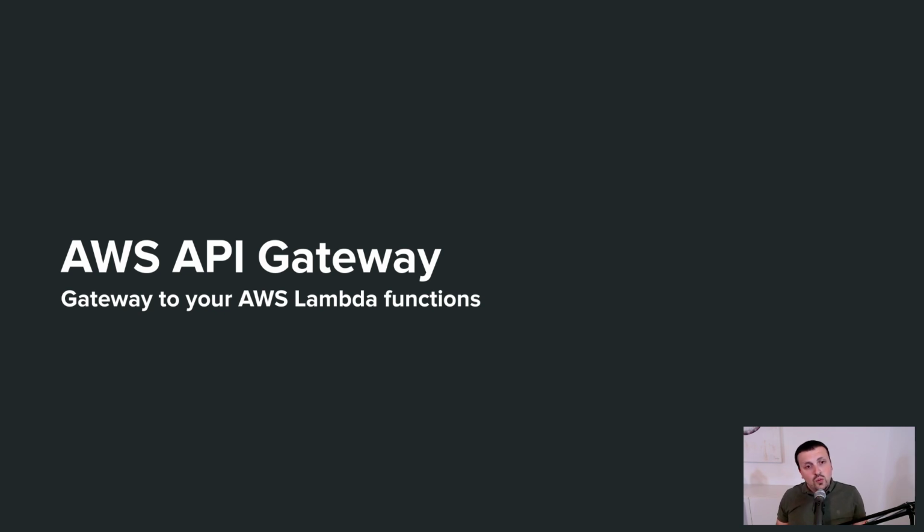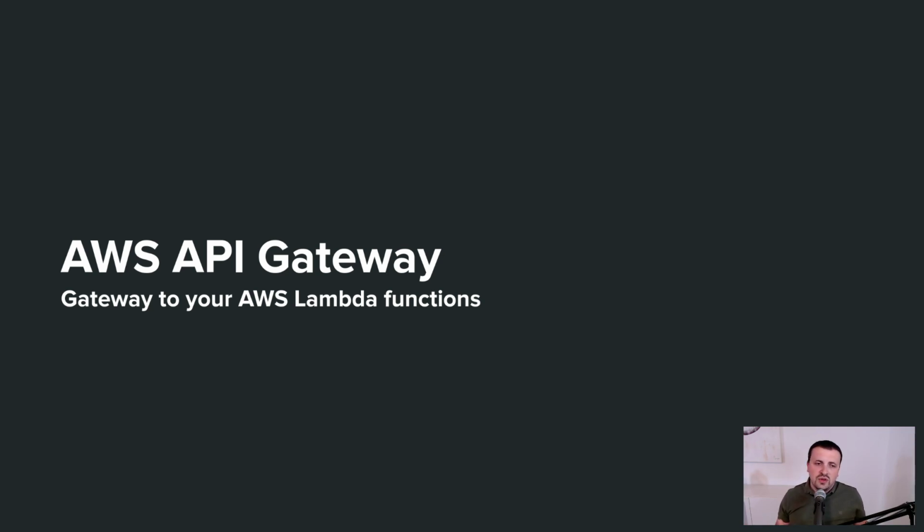So we have this API Gateway that I mentioned. What does it do? It gives you an endpoint, a URL that you can go to and actually call your functions. It's a gateway to your functions. You can set it up really easily by just proxying everything to the function, which we're going to do.